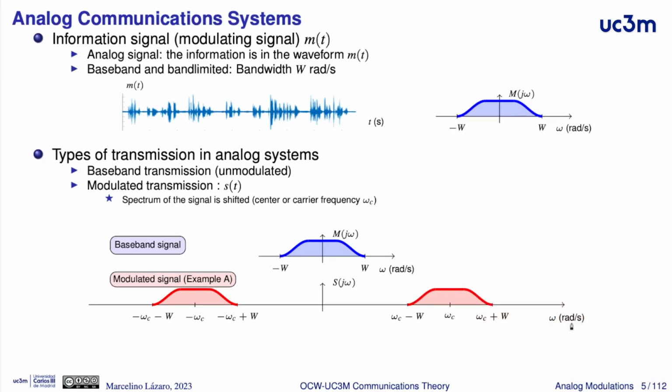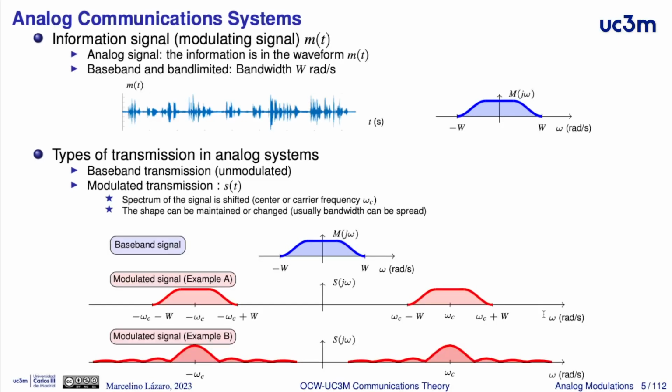When we modulate a signal, typically the spectrum of this signal is shifted. Sometimes the shape is maintained and the only effect is frequency shifting, but in some other cases the shape can be modified and the spectrum can be spread. The bandwidth can be higher than the original bandwidth, like in this case.